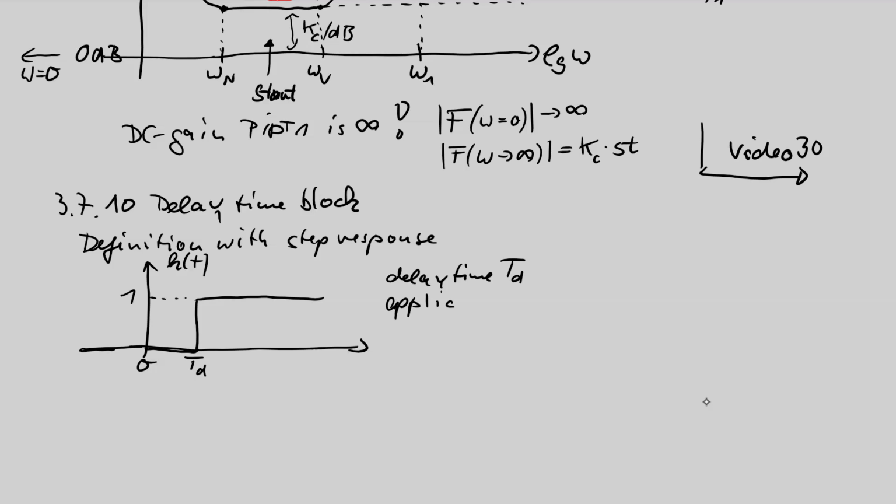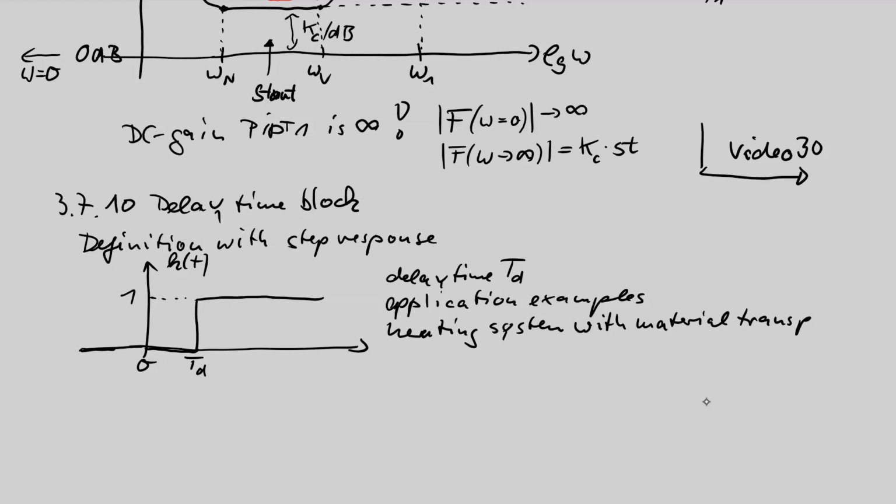Application examples. In control systems, we often have delays. For example, a heating system with material transport, with water transport. Then we have a delay.